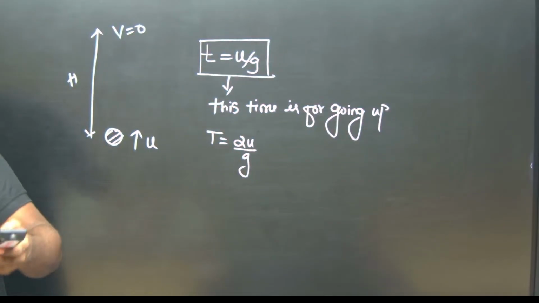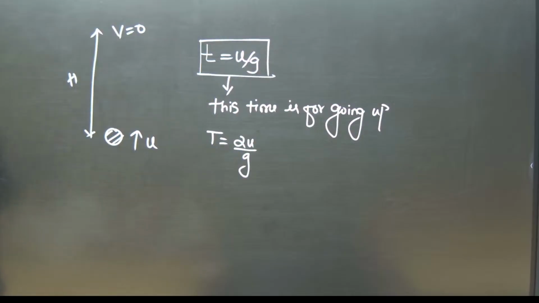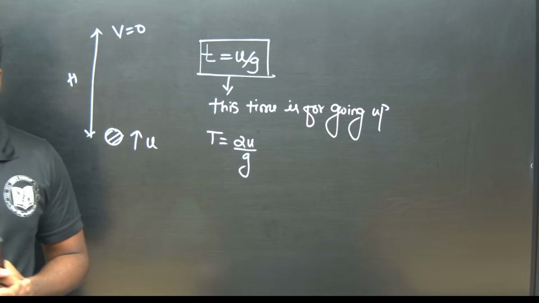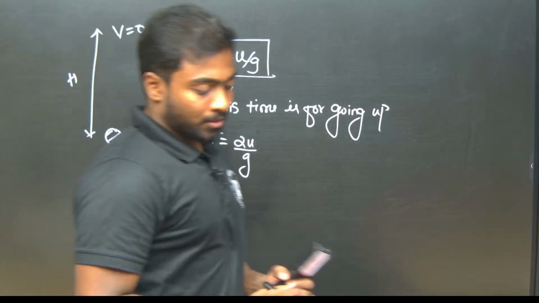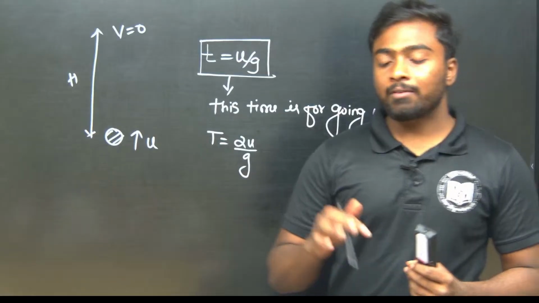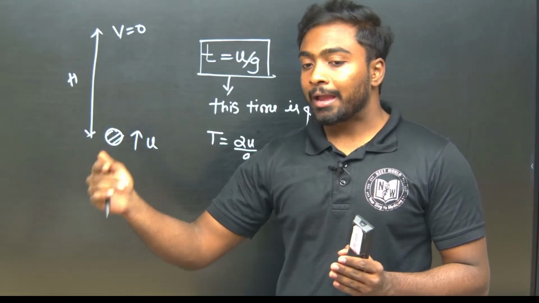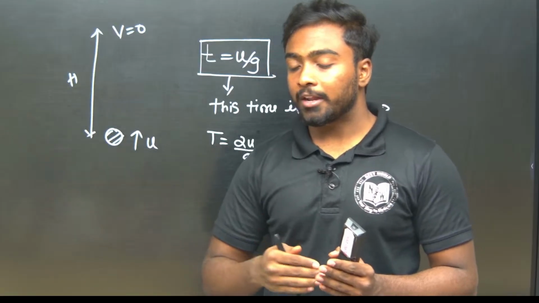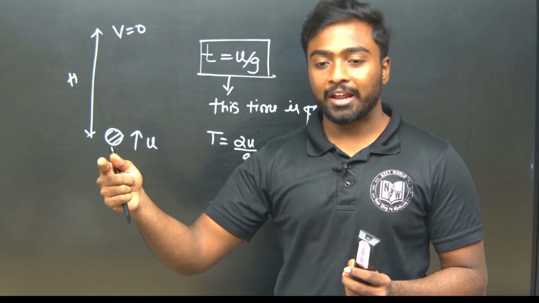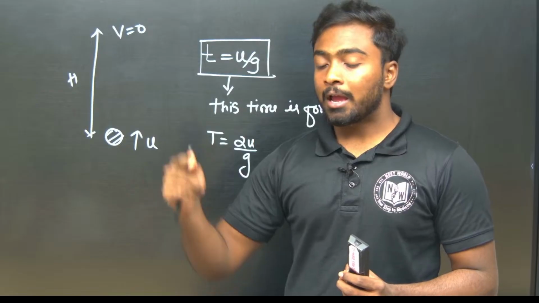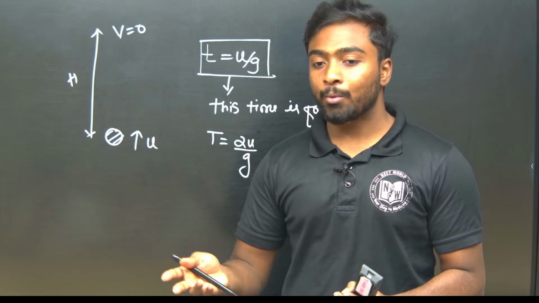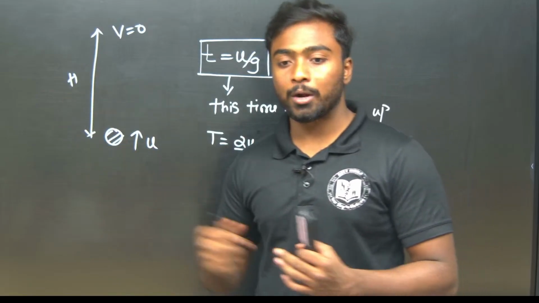But while coming back down, the final velocity should be equal to u. See, for example, you are traveling for x distance from point A to point B, and again coming from point B to point A. For x distance you have taken t1 time; you are going with the same speed and coming back with the same speed. How much time will you take? Same t1, no?